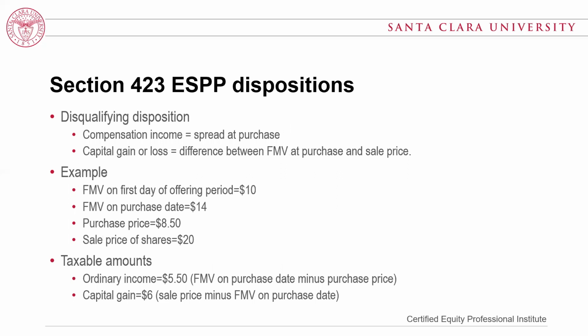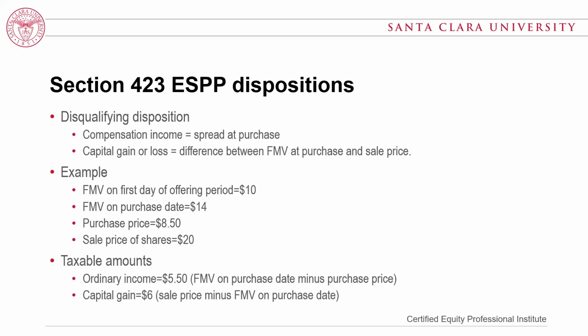So how would that look different if it were a disqualifying disposition? In a disqualifying disposition, you will see, if you look at taxable amounts, the ordinary income is immediately higher. And that's because the compensation income in a disqualifying disposition is the difference between the stock's fair market value and the purchase price on the date of purchase.